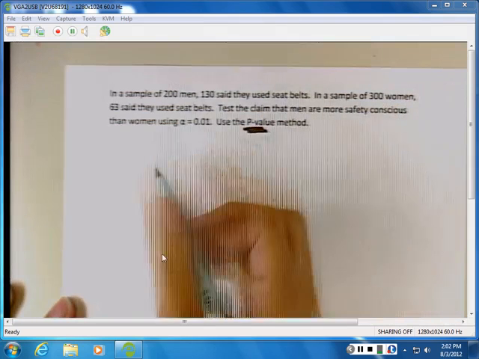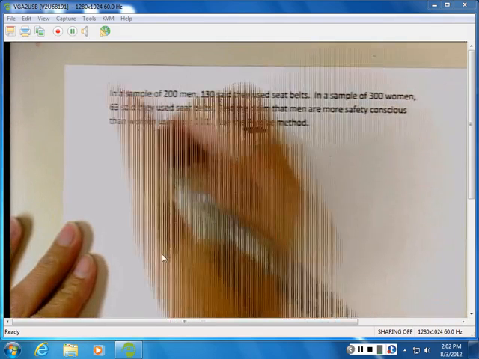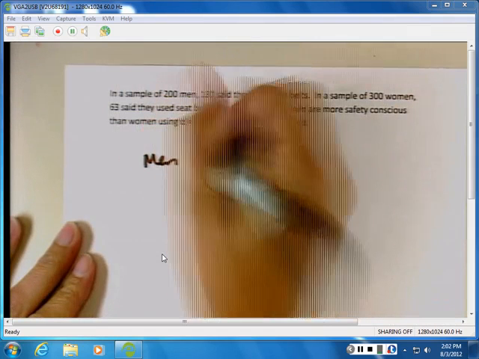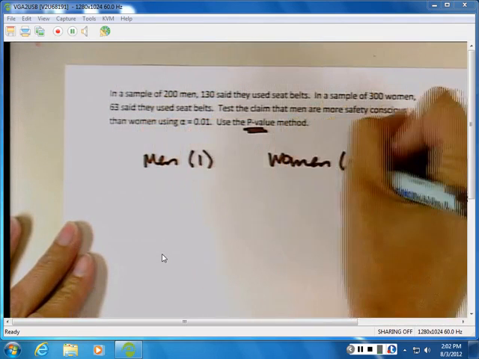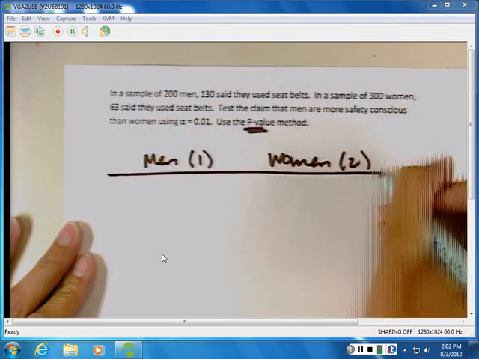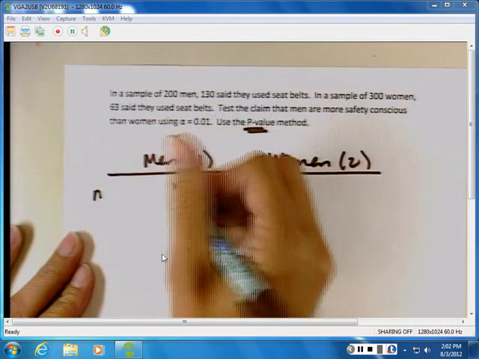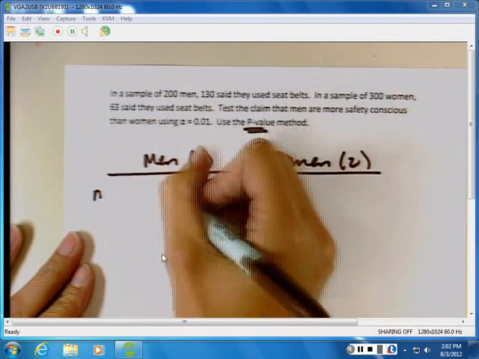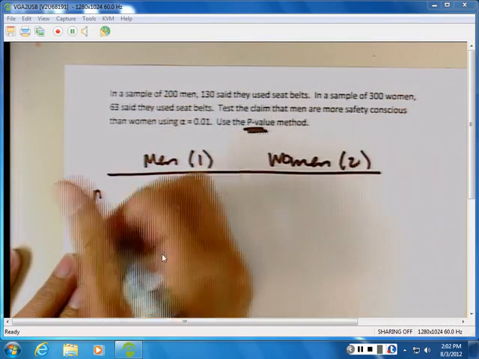So as we go through this one, let me go ahead and set up some of our values. We have the men, and I'm going to call that sample number 1. And we have women, and I'm going to call that sample number 2. And we are given our sample size, so n. So n is 200. The 130, that's my x.